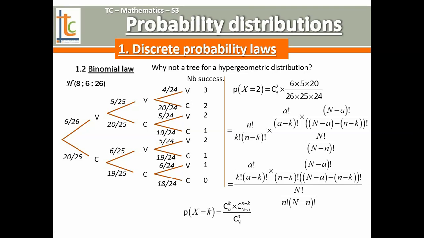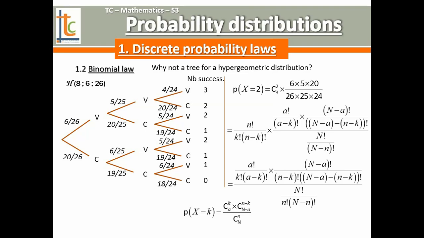So it's a problem. And this problem doesn't appear in the formulas of binomial distributions. So it would be good news if we were allowed to use the formulas of a binomial distribution instead of the formulas of a hypergeometric distribution. So going backwards here, we would be able to compare the formulas of the expectation and of the standard deviation in both laws.